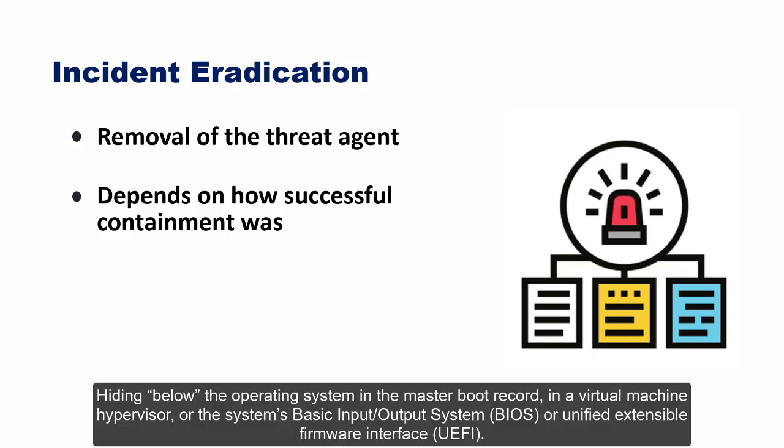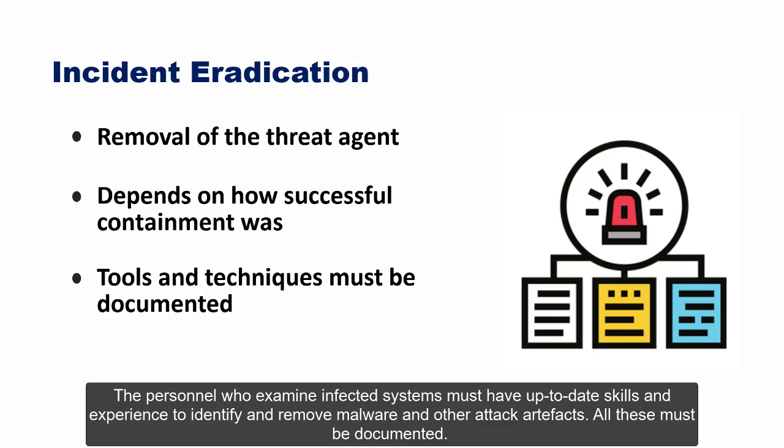Hiding below the operating system in the master boot record, in a virtual machine hypervisor, or the system's basic input-output system, BIOS, or a Unified Extensible Firmware Interface, UEFI. The personnel who examine infected systems must have up-to-date skills and experience to identify and remove malware and other attack artifacts. All these must be documented.